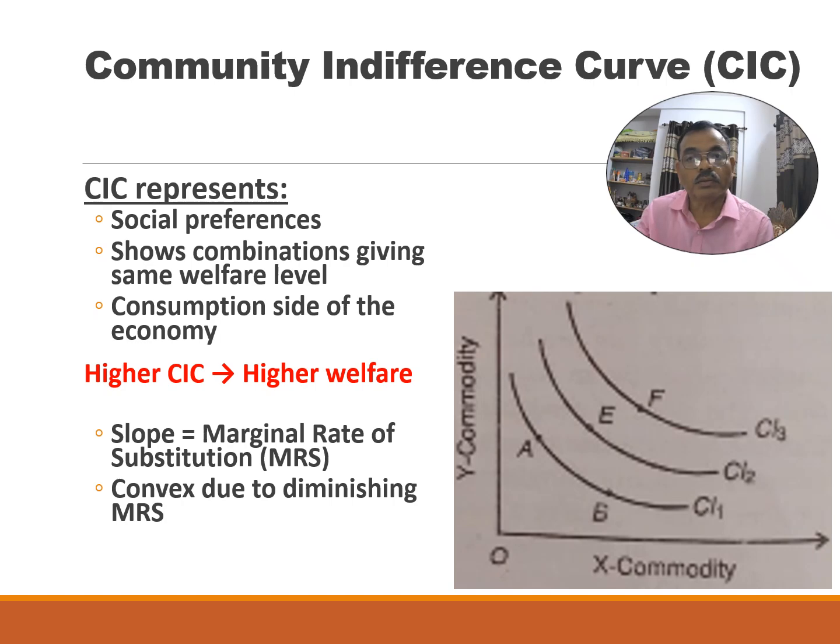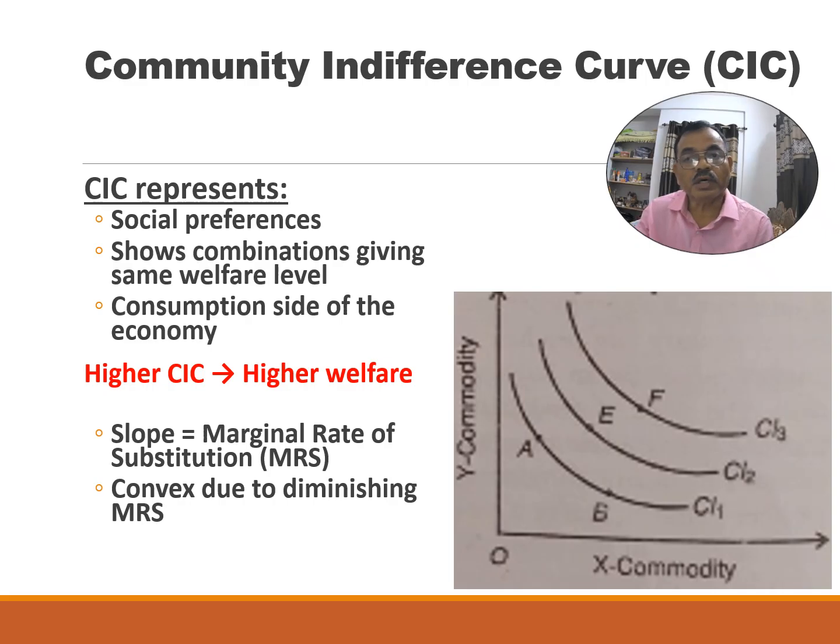Now that we have understood the production side through the PPF, let us move to the consumption side of the economy. This brings us to the concept of community indifference curve.